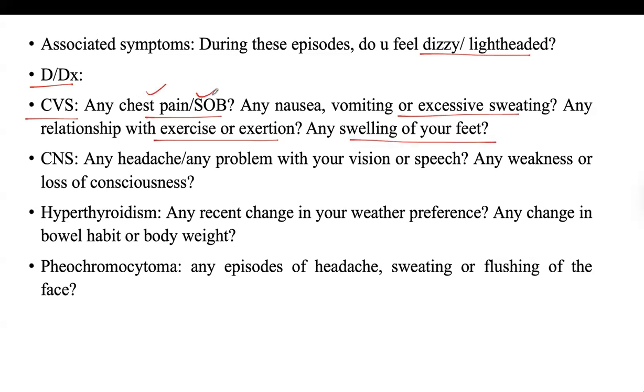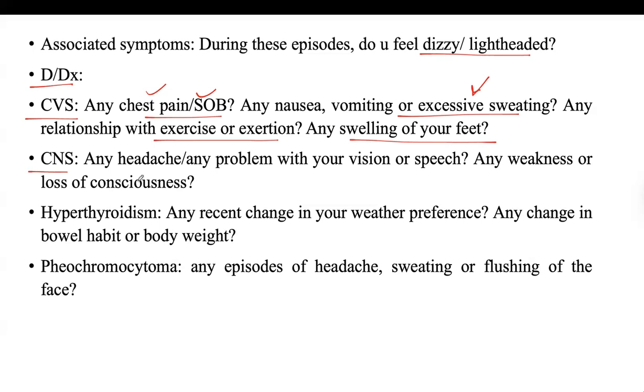So chest pain and shortness of breath will cover ischemic heart disease or MI. Same with nausea, vomiting, sweating. Any relationship with exercise or exertion: if it only comes with exertion, we will be looking towards a cardiovascular problem, because cardiovascular issues are commonly associated with exercise or exertion. And swelling of the feet is for heart failure.